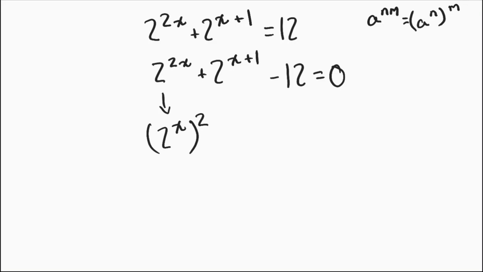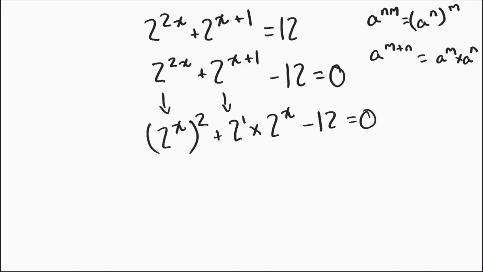Another property that we can utilize here is that a^(m+n) is the same thing as a^m times a^n. So what we can do here is make it 2^1 times 2^x, minus 12 equals 0.